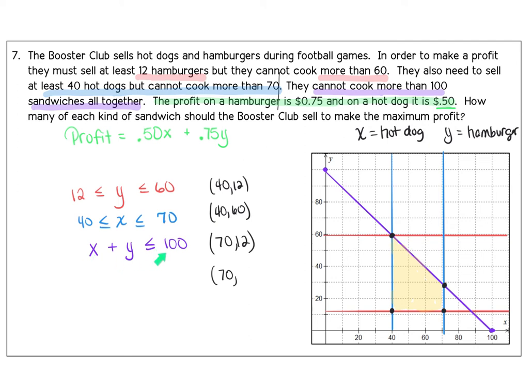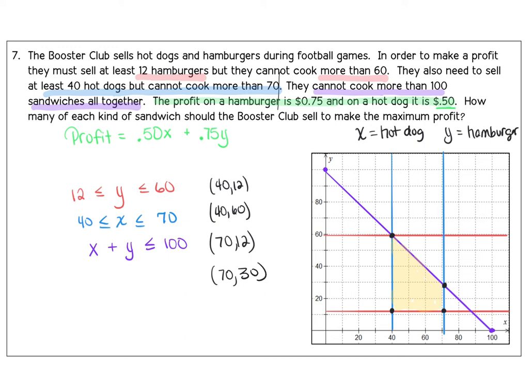If my x is 70 and the two added together equal 100, what is my y value? 30. So this guy is 70, 30. Those are my vertices. And I just plug it into my profit equation, all right?